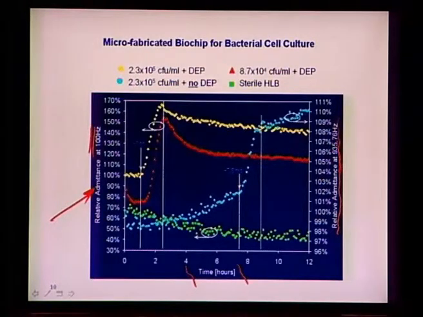And now you are seeing that as you have a solution of 2.3 × 10^5 colony forming units per mL of bacteria, and you are using DEP, you are having a response built by these yellow dots of the relative admittance, okay, in terms of time, and it indicates that between 2 and 3 hours, let us say 2.5 hours or so, there is a maximum admittance which is reached, beyond which there is a downfall in the admittance.